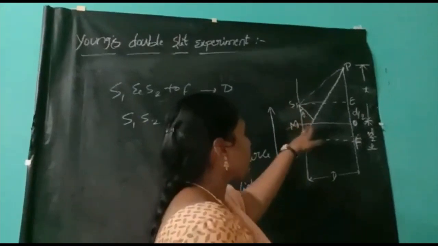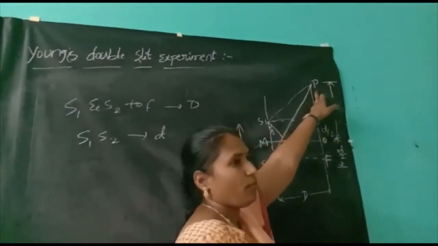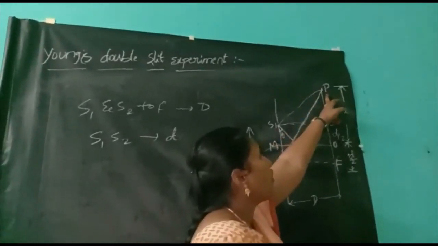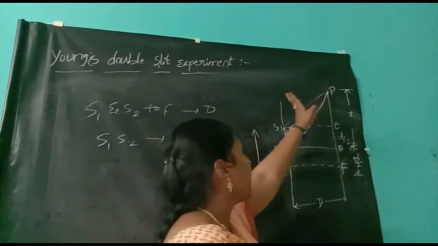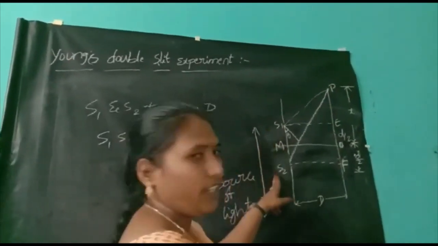These two rays interfere at the point P, a common point, forming a triangle with respect to the sources S1 and S2.